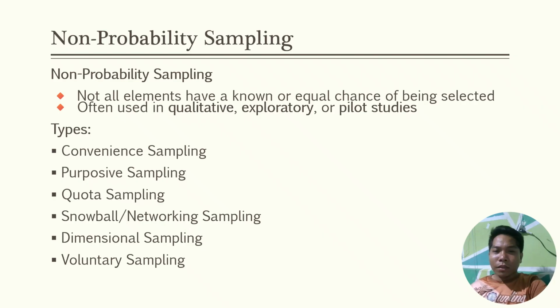Then when you get those 10 participants, you stop without ensuring the saturation of the data. As long as the number of respondents is correct, then that's it. You stop data gathering. That's quota sampling.